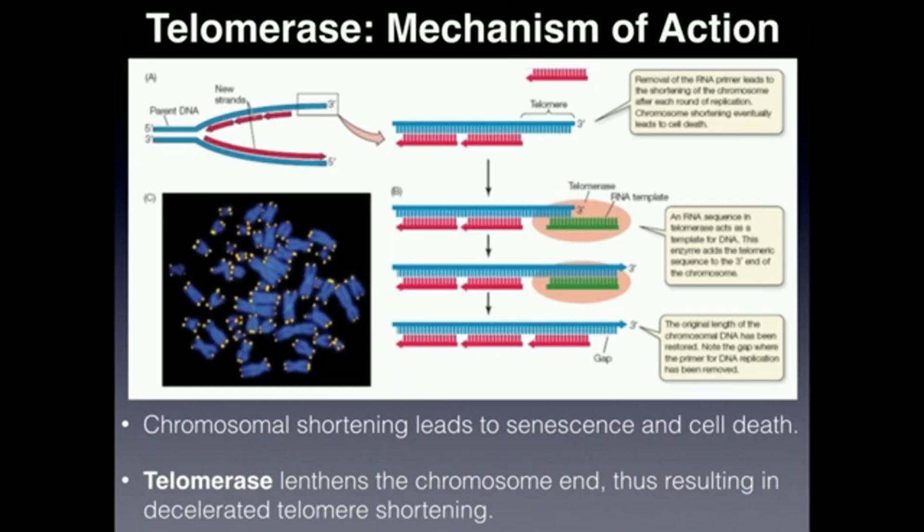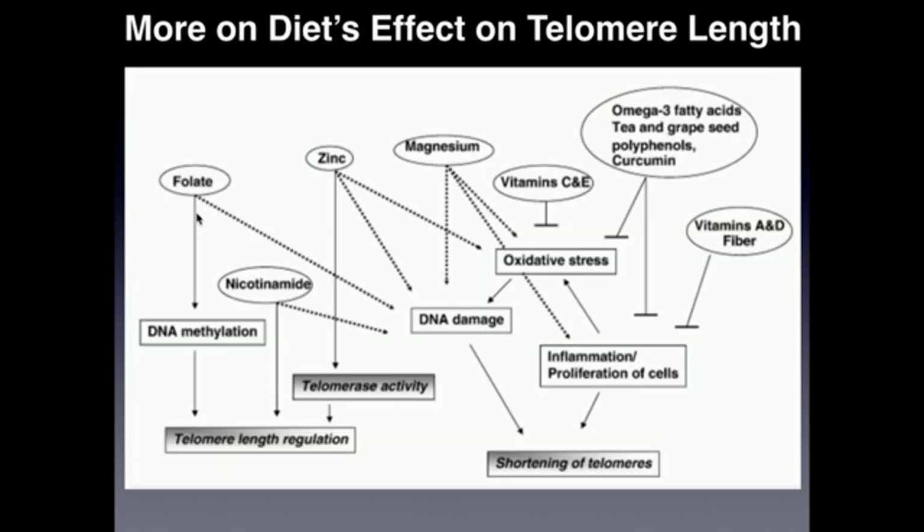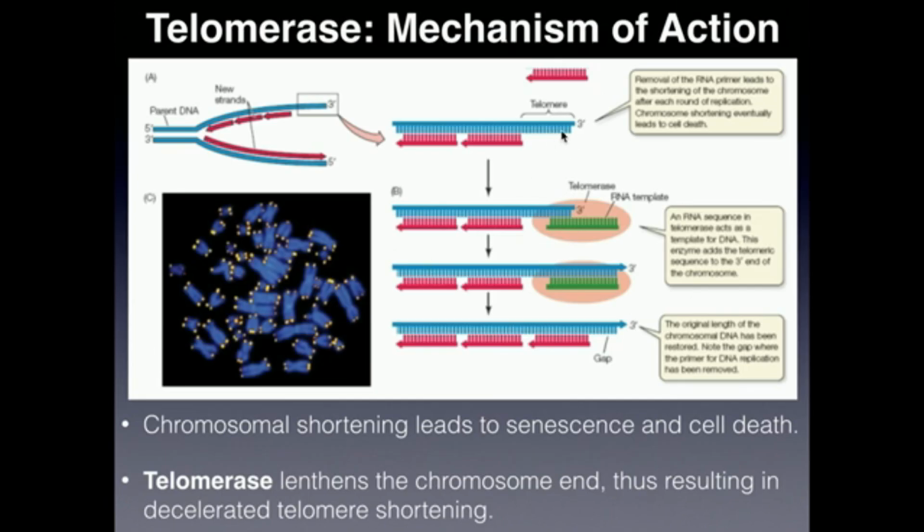And last but not least, we will talk about telomerase. I hinted at this in a previous slide: some of these vital nutrients can activate telomerase activity. To put it simply, telomerase will use an RNA template that is distinct from this one up here. Remember, if you don't have telomerase active at that point, you have this RNA primer that is going to overhang over the edge of the chromosome, and that can't be, so this whole part of the DNA essentially doesn't get replicated, and you get shortening.